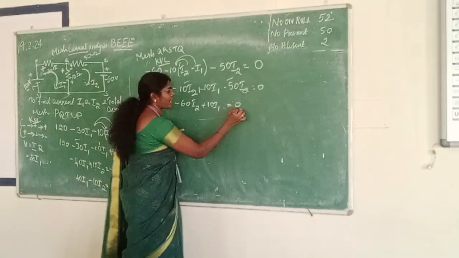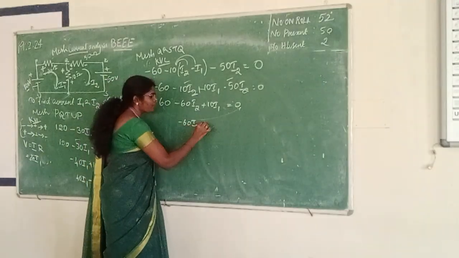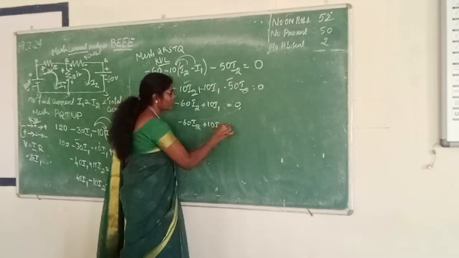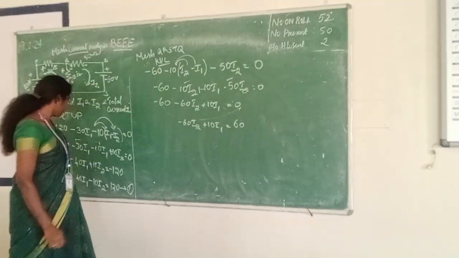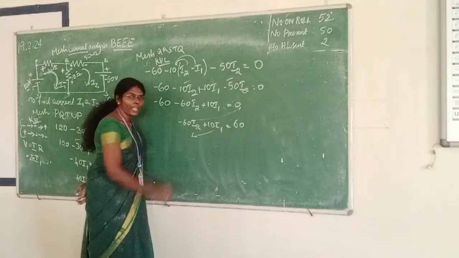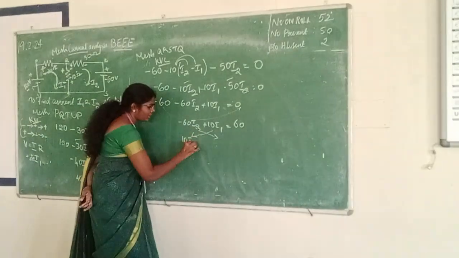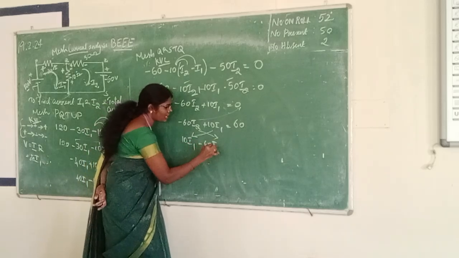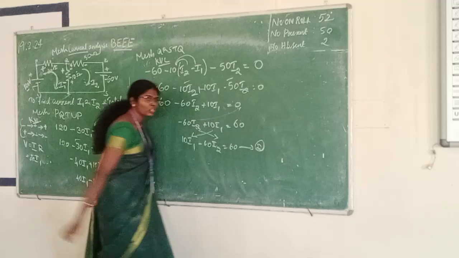Now shall I bring this minus 60 over here? So it is minus 60 I2 plus 10 I1 is equal to 60. Shall I interchange this and write? We write the I1 term first and then the I2 term. That is 10 I1 minus 60 I2 is equal to 60. Mark this as equation number 2.